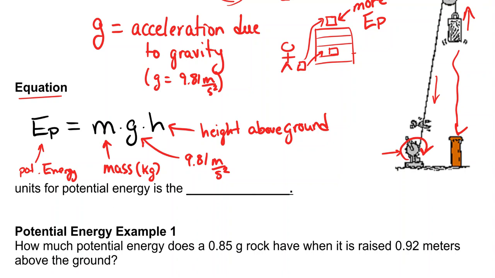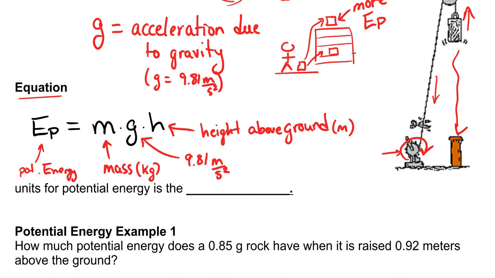So let's say Mr. Walton picks up a box off of the floor, but let's say he's on the second floor of the house. We're just referring to the height above a certain reference point. That's what we're thinking of. And it's going to be measured in meters. Now let's figure this out. What are the units for potential energy? Well, it's energy, right?